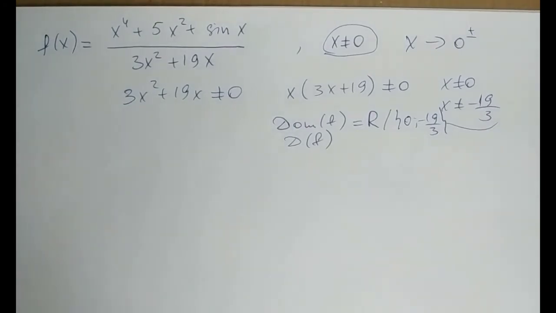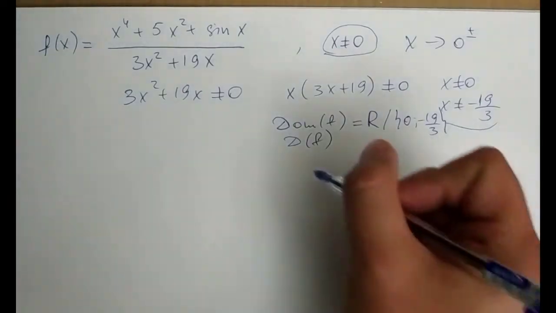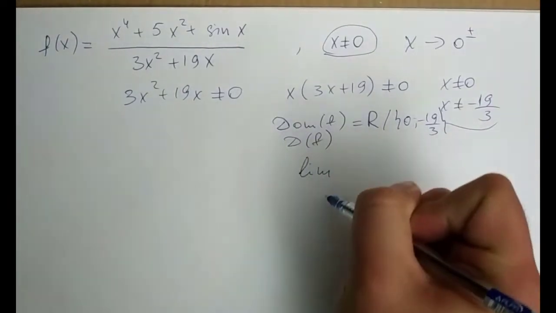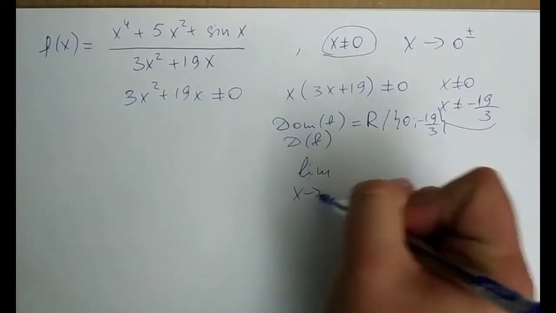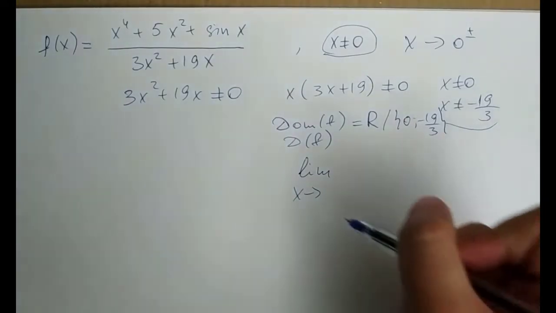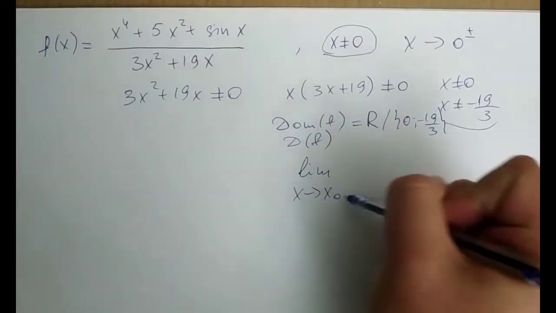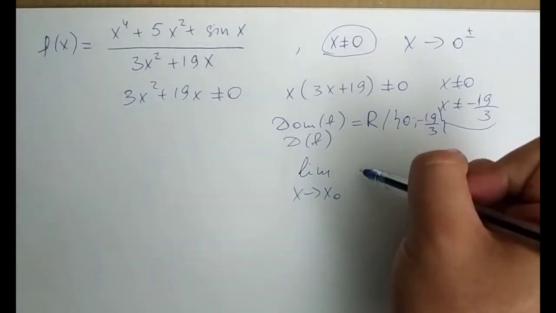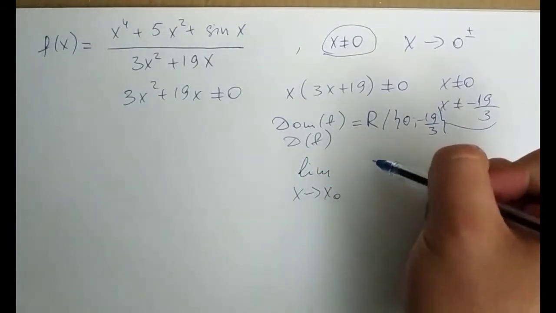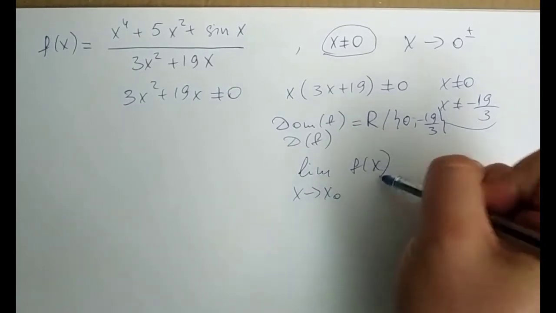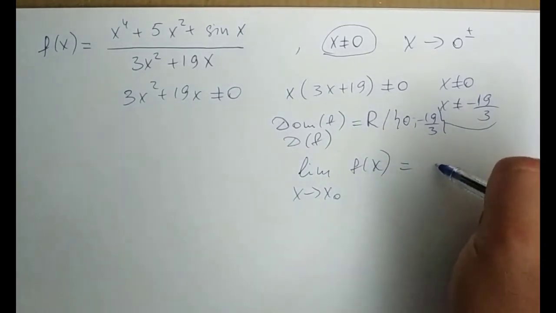And how to find this vertical asymptote? This is very easy. Limit as x tends to x0. Let's denote by x0. It is f of x should be infinity.